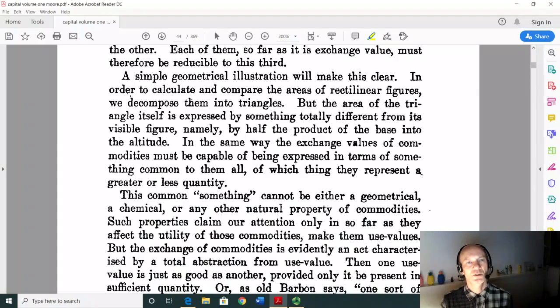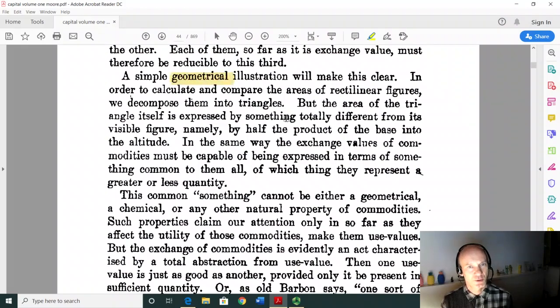Now he gives an illustration. He tries to illustrate specifically the idea of abstraction here, and he uses the example of geometry.